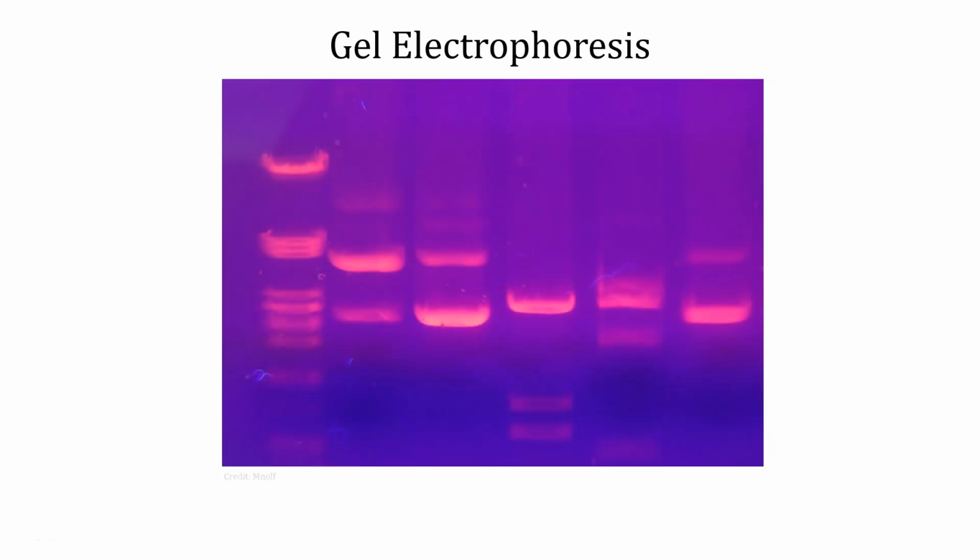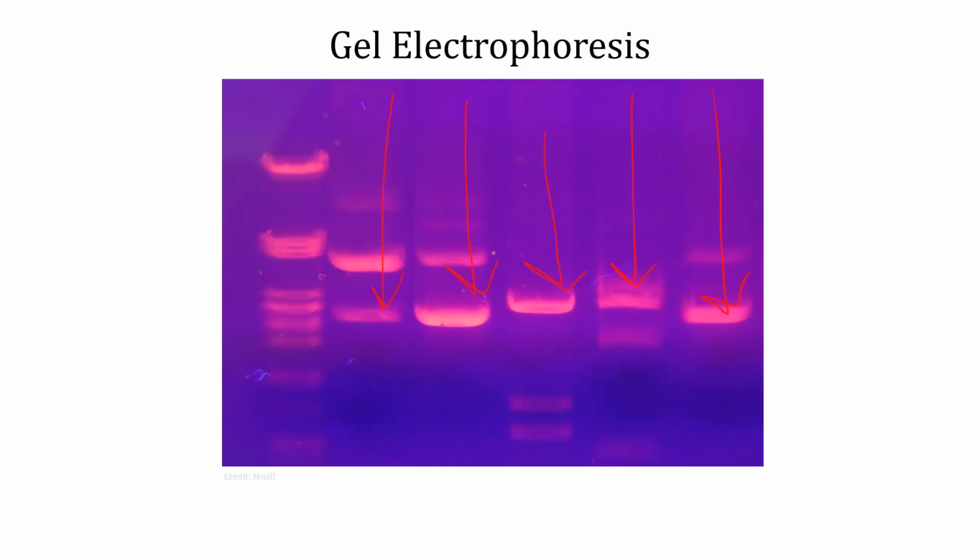Okay, another technique that's very commonly used and actually will also employ the polymerase chain reaction is gel electrophoresis. Gel electrophoresis is what allows us to create a DNA fingerprint. Because all of our DNA is unique, if we chop it up at certain spots, it will create different size fragments, and then we can pull those fragments through a porous gel and separate out all of the different fragments based upon their size.